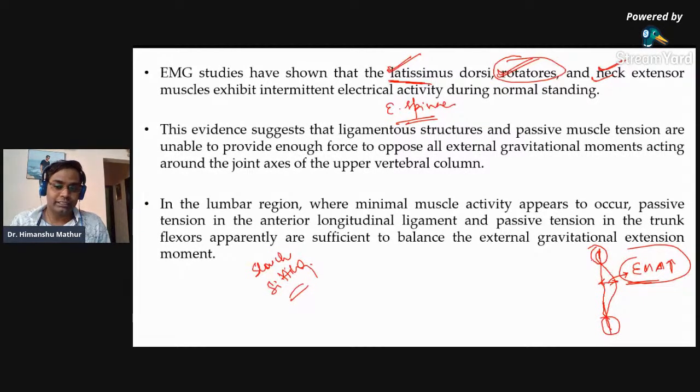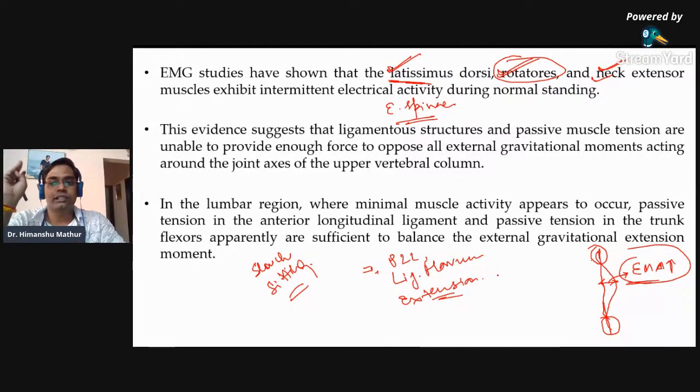But whenever we talk about the thoracic spine, the counteracting structures could be the posterior longitudinal ligament, the ligamentum flavum, and other extensors, which include your erector spinae, or semispinalis thoracis especially, right? It can be your longissimus, iliocostalis, spinalis, and your semispinalis muscle also. So these are the muscles which work to counteract the very large external moment at the thoracic spine. All right.